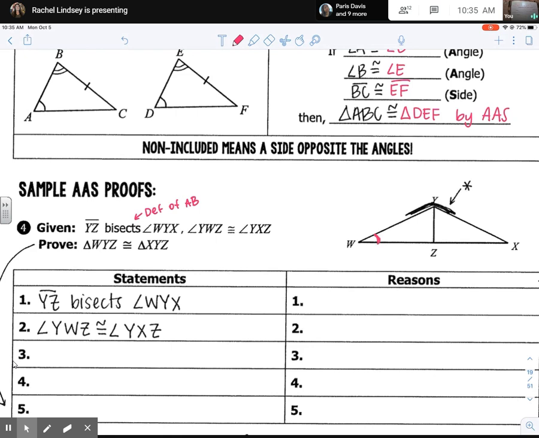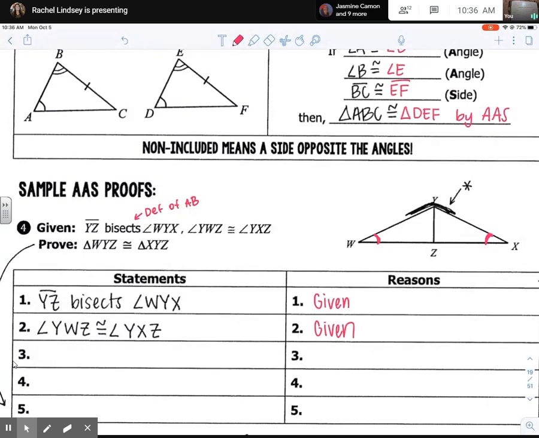And I know those first two statements are true because they are given to me. Most of the time you're going to be given most of your statements, but sometimes you're not. So that's why we're having to practice with writing statements right here.